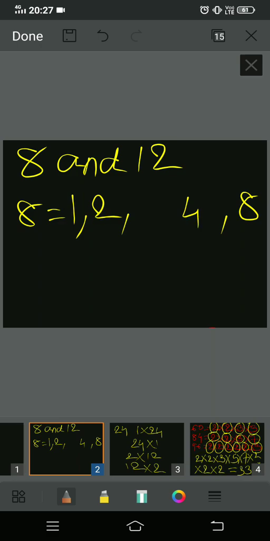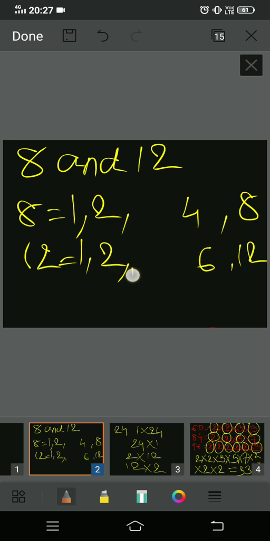So 1, 2, 4, 8 is all. Next is 12. For 12 we will see 1 and 12, then 2 and 6, and then 3 and 4. 1 twelve is 12, 2 sixes are 12, 3 fours are 12. So likewise we have solved.